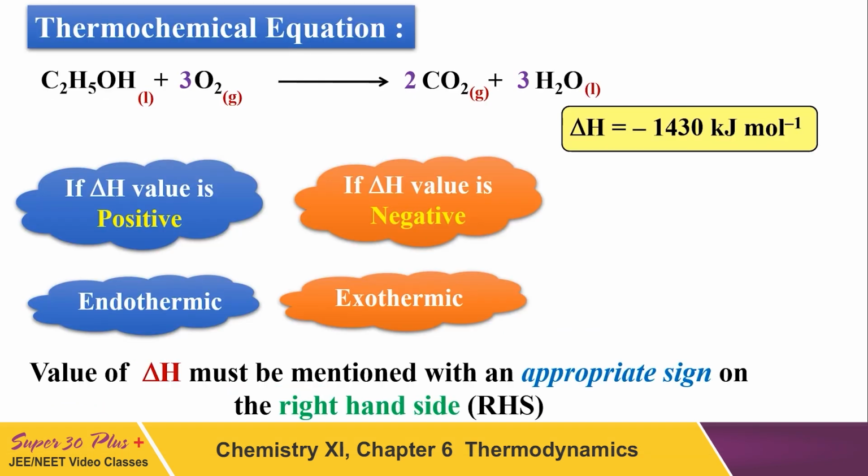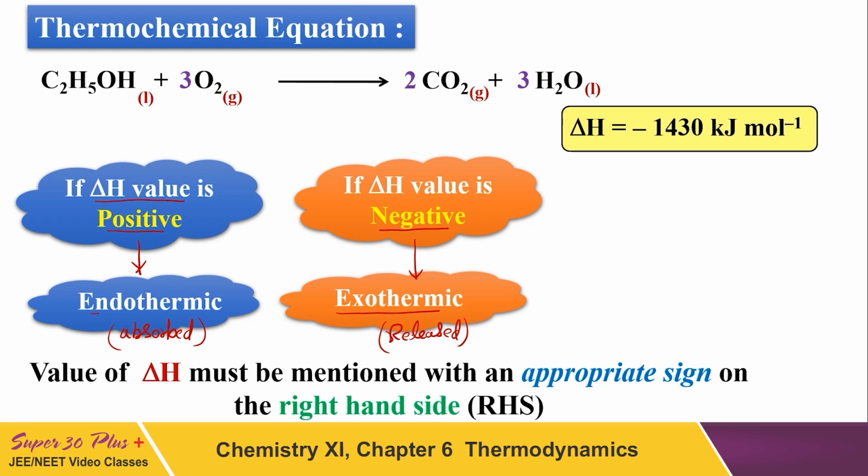Another condition: in any chemical reaction, as far as energy is concerned, either energy will be absorbed or energy will be released. If delta H value is positive, it means the reaction is endothermic, energy is absorbed. But if delta H value is negative, energy will be released and it is exothermic.